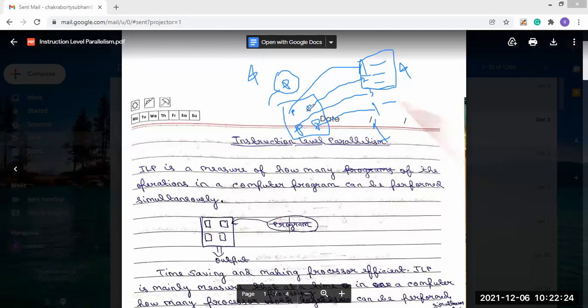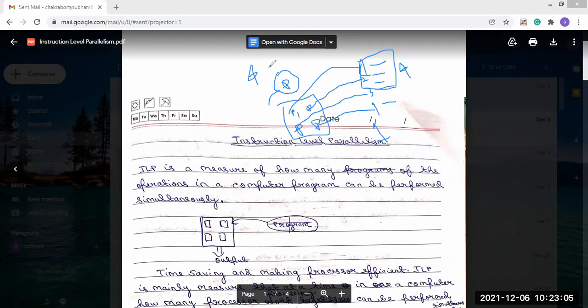These instructions are executed in parallel: when the first processor is executing the first instruction, in the meantime the second processor is executing the second, the third processor the third, and the fourth processor the fourth. So in 1 unit of time, the whole program will be executed.